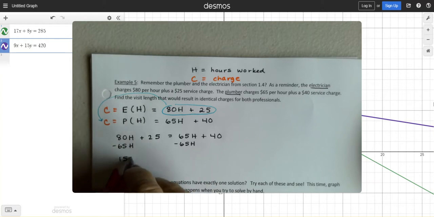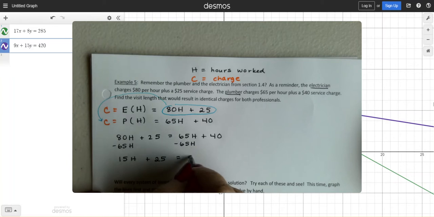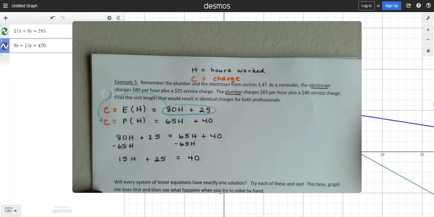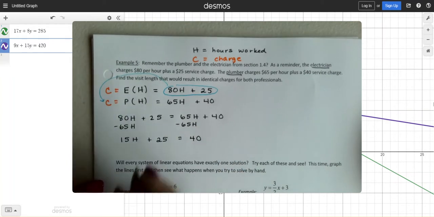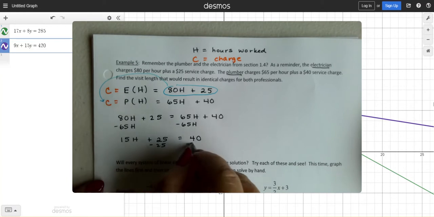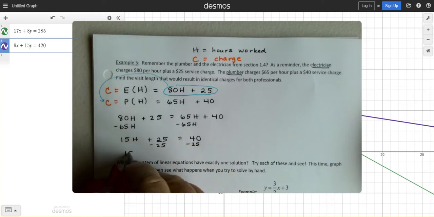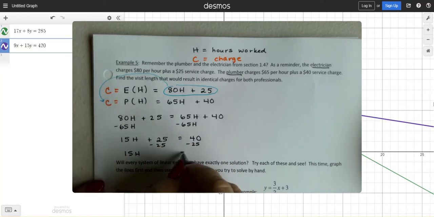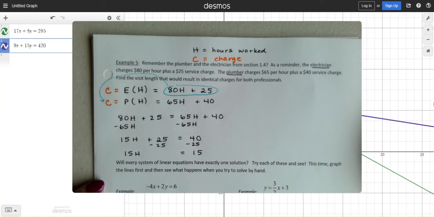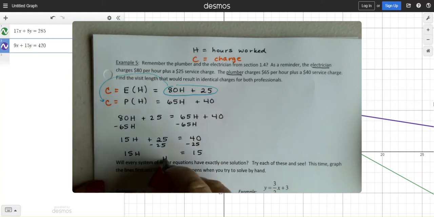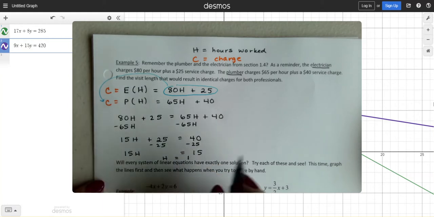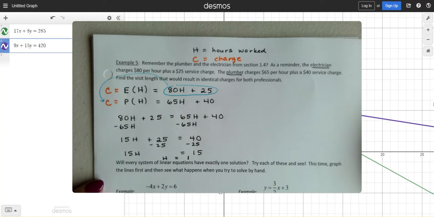I have 15H plus 25 equals 40. If I subtract the 25, I have 15H equals 15, so it looks like H is going to equal 1. If they each work 1 hour, they're both going to walk away with the same amount of money.